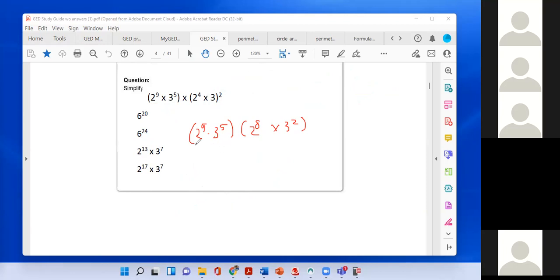Two and three, but which two terms have the same base? 2 to the 9th and 2 to the 8th. Okay, what do these parentheses around both of these imply? What operation do those parentheses imply?